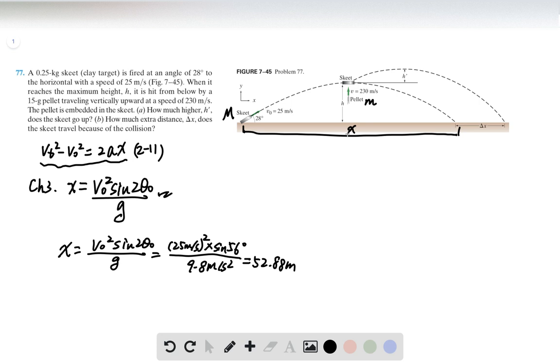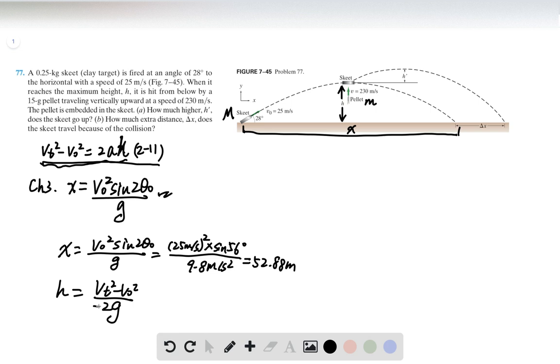Now we also want to find the height that it was about to reach, and for that we use this equation instead. We know the initial speed is the vertical component of v naught, and the final speed is 0 because it does not have any vertical speed at the highest point. So from that, we can find h, equals vt squared minus v naught squared over negative 2g, because the acceleration is in the negative direction with magnitude g.